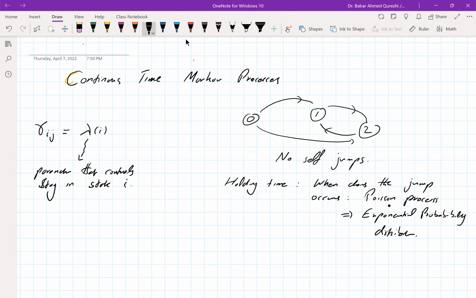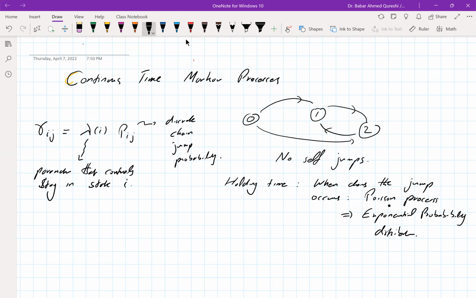So it's telling you the probability of when you will jump out of state i. And this Pij is then the discrete chain jump probability. So it's telling you that when you jump, where do you jump? Which state has what probability? Like you jump from i to j or k or l or m.